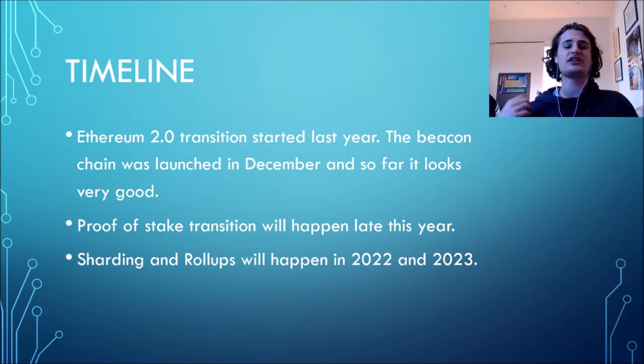Right now, you can actually stake your Ethereum cryptocurrency, so proof of stake has already begun. However, it will be fully done by the end of this year. Sharding and rollups are the next phase of Ethereum 2.0, and they should be completed by 2022 and 2023. This means sometime in 2023, we should have Ethereum 2.0 fully launched, which is great.